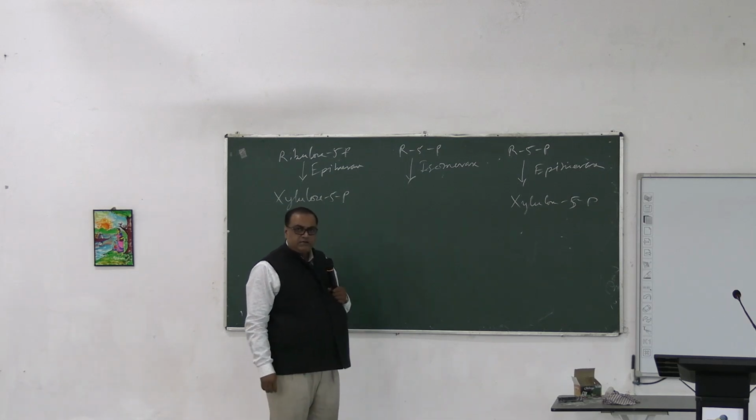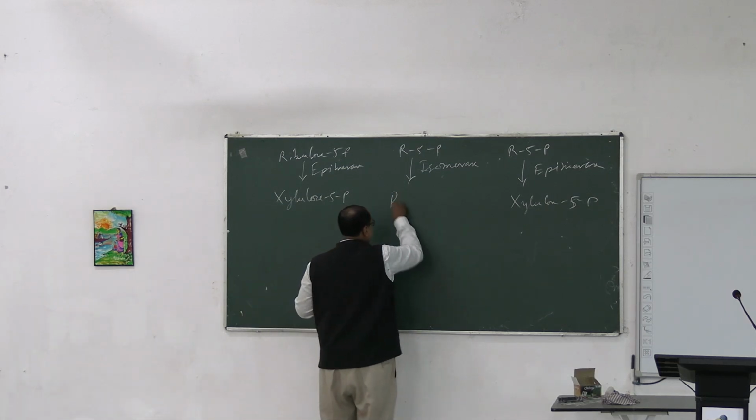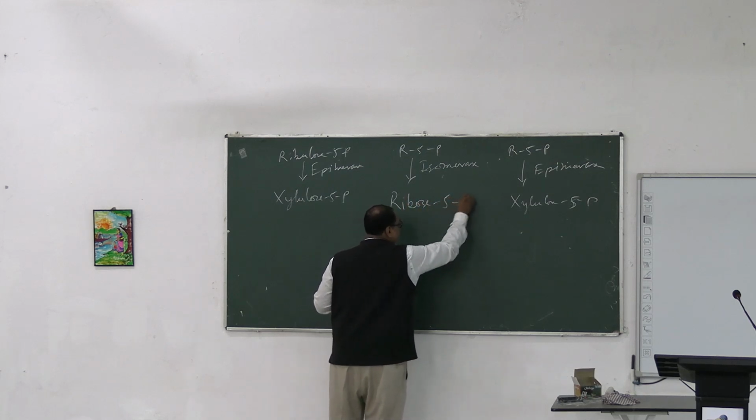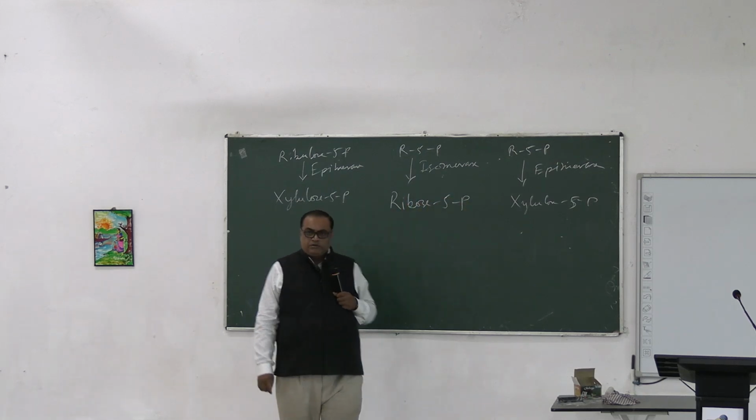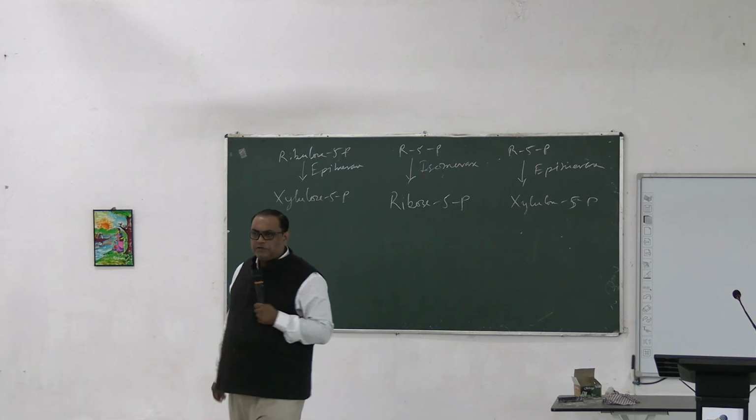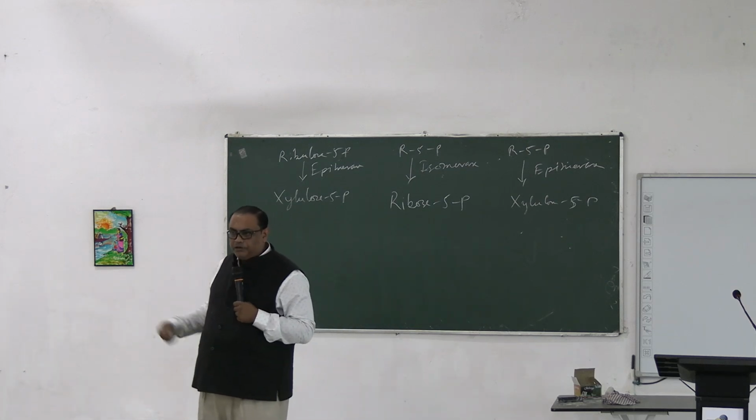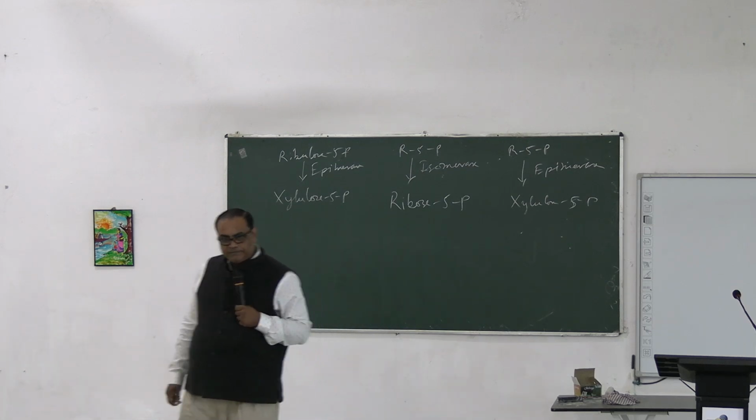The isomerase will convert it into ribose. Ribulose is a ketopentose, ribose is an aldopentose, correct?